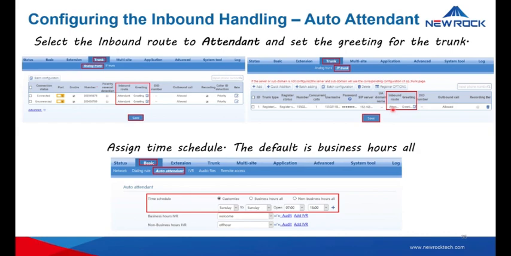For the first one, you just select the greeting. The second one is you can select the multi-level IVR. Later on, I will show you about that. And of course, if you set auto attendant, you can also customize it. In fact, we use the business hours by default, and if you want to customize, you can do that also.